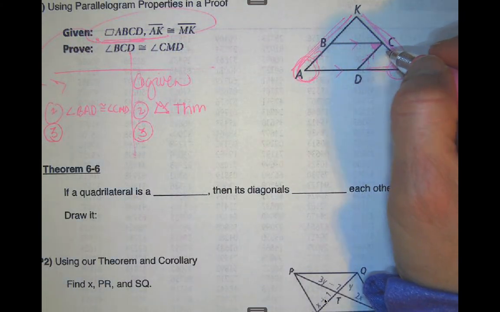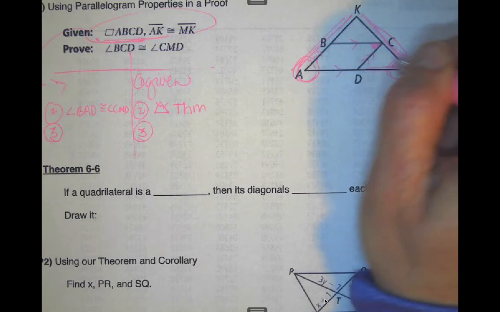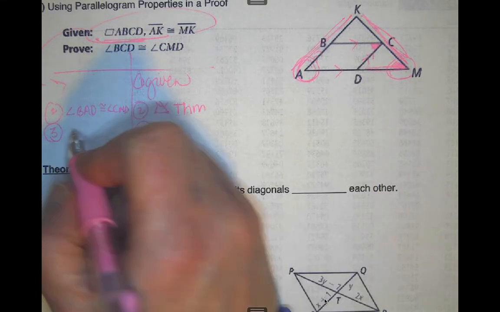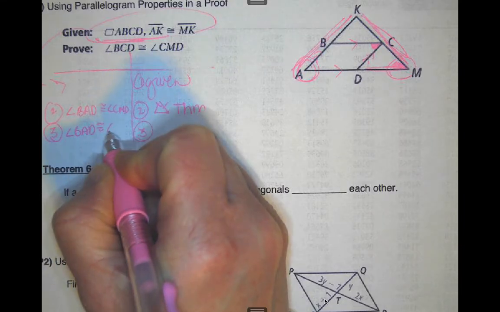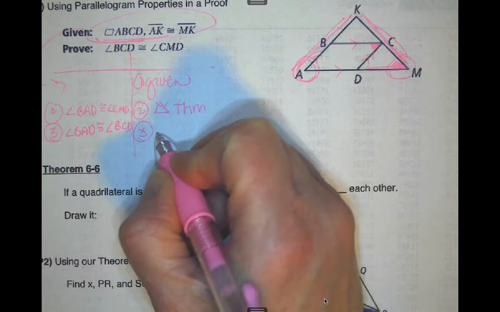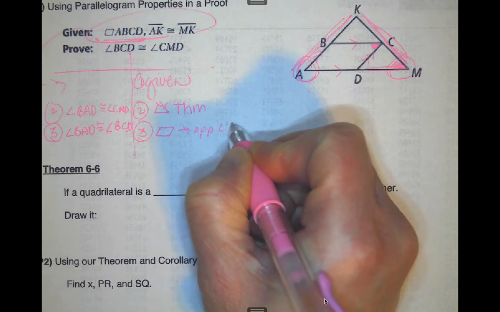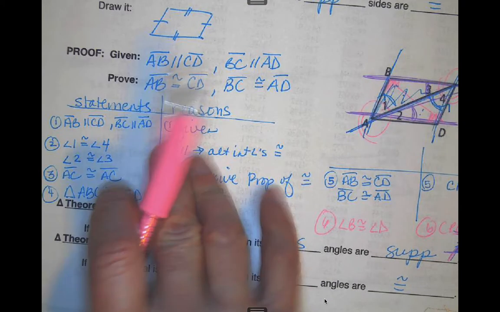So now I have this congruent to this. But I also know that those two are congruent because of what we just learned on the prior page. So then I can say angle BAD is congruent to angle BCD, because if I have a parallelogram, opposite angles are congruent. That was this last theorem, theorem 6.5.